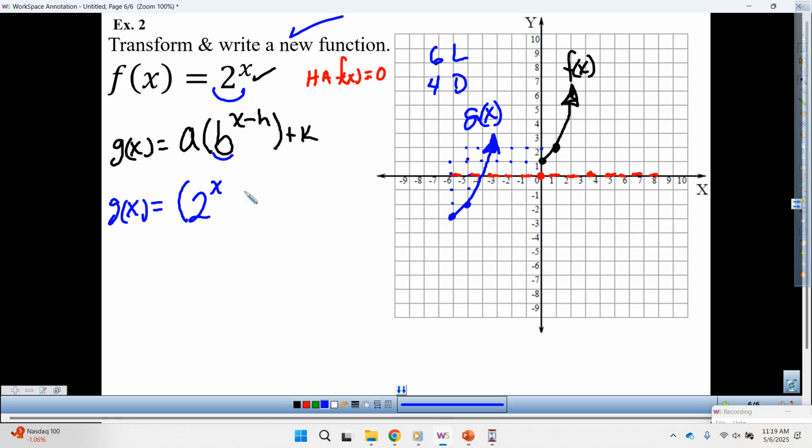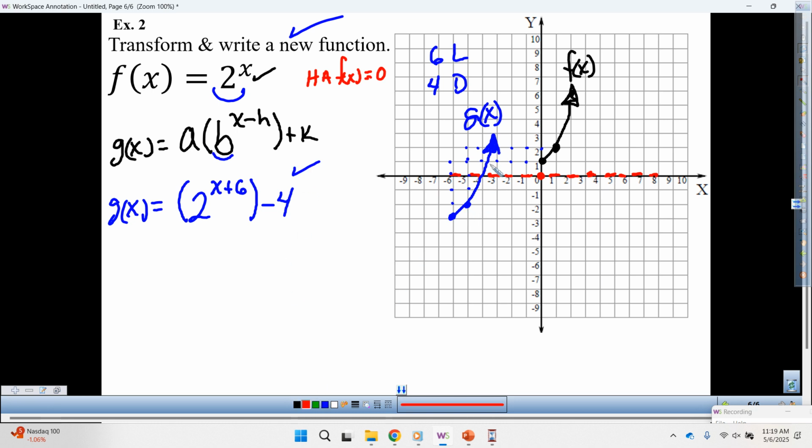All right. What do we write, Elijah, next to the x? Plus 6. That is correct because we moved it to the left. And then 4 down, what do we write outside of the parentheses? Tell your neighbor, 4 down. Everyone? Negative 4. So this is our new function.